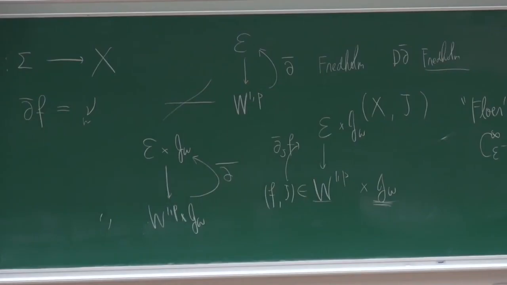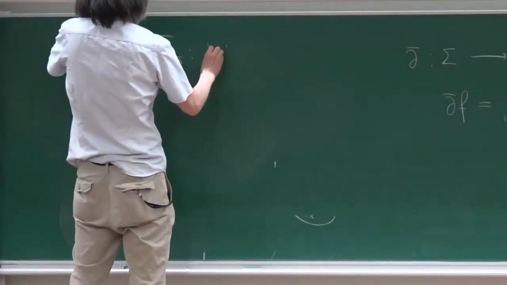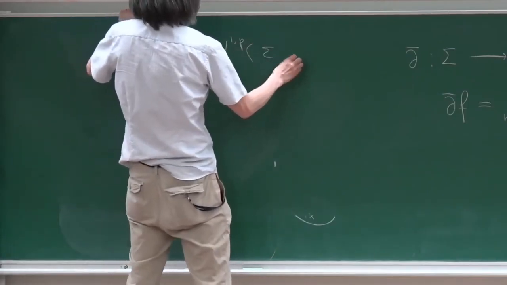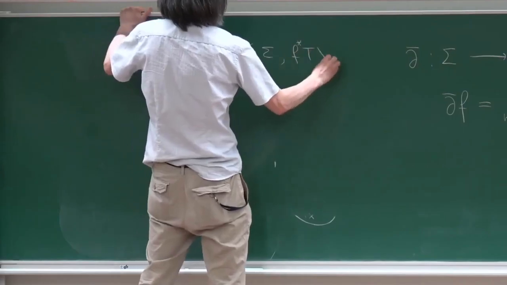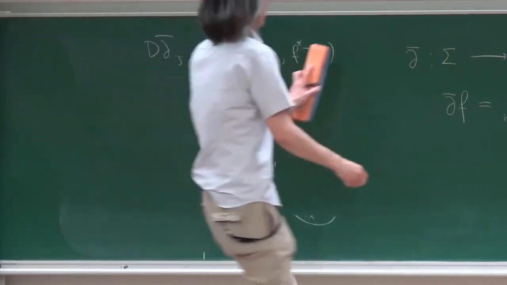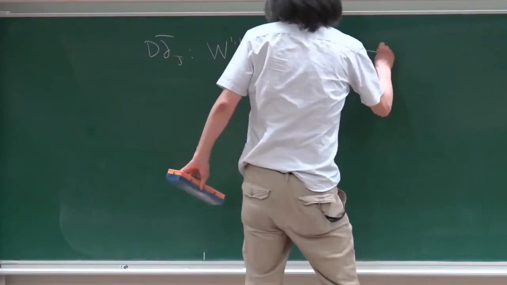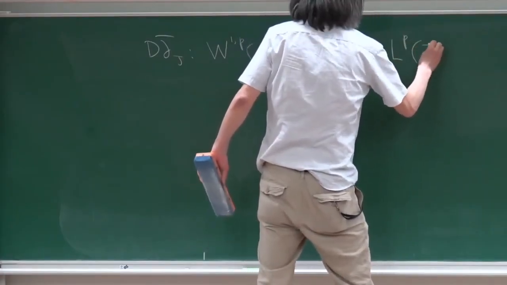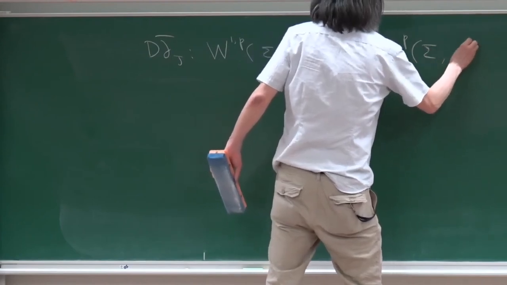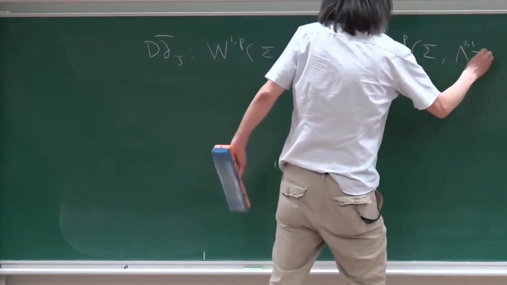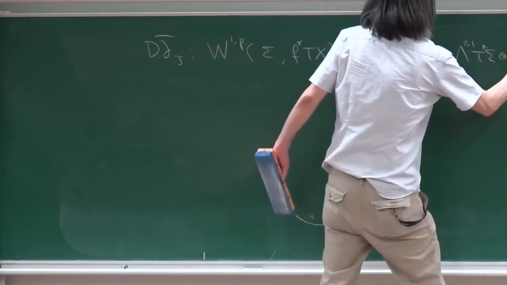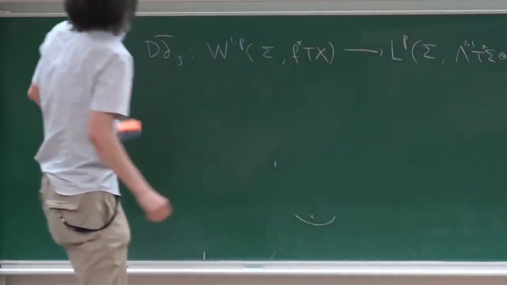This D d bar is a map from W1P of sigma and F star of T X going to L P of sigma and Lambda 0,1 of T sigma tensor T X or something.